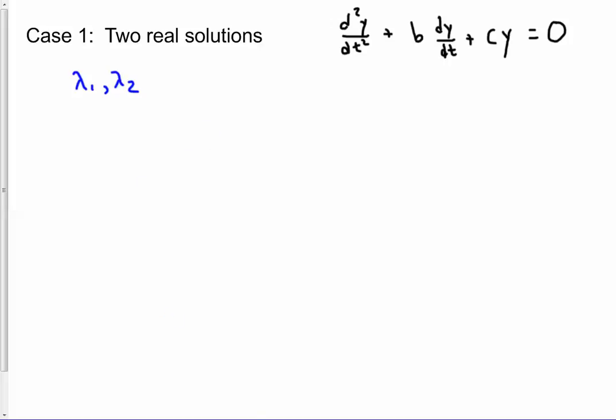It turns out that in this case, the solution to the differential equation is a linear combination of two exponential functions, e to the lambda 1 t and e to the lambda 2 t. So, arbitrary constant times the first plus arbitrary constant times the second. And the two solutions go in the exponentials as coefficients of the t's.